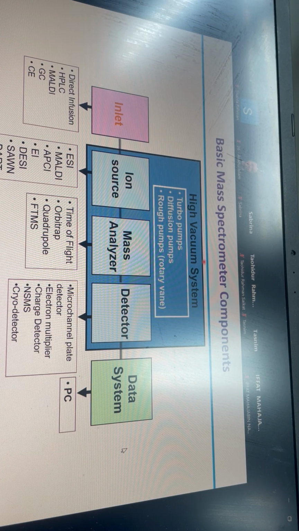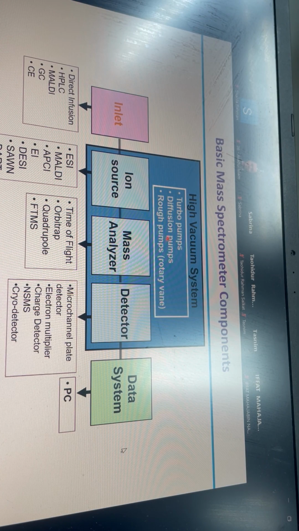Okay, so in the mass spec, the three components, ion source, mass analyzer, and detector, need to be put in a high vacuum system. So why high vacuum? Because we want to measure the mass with high accuracy. Okay, but if you have gas molecules inside your mass spec, that can contaminate your sample. So that's why we need to pump out all the air molecules inside the mass spec.